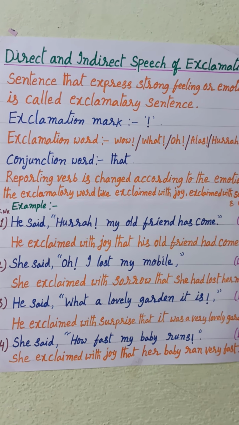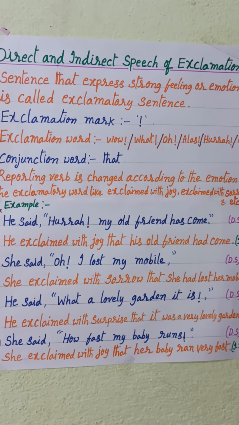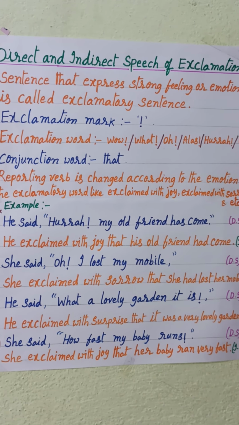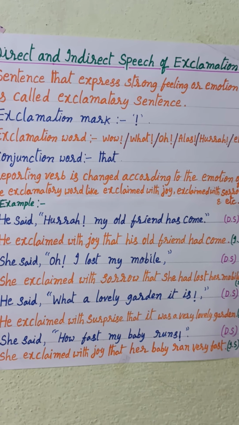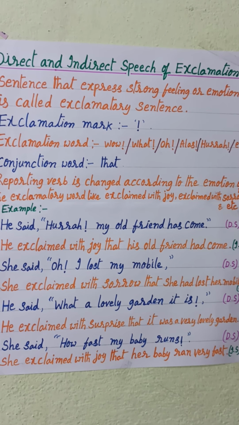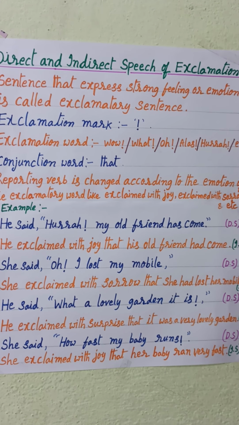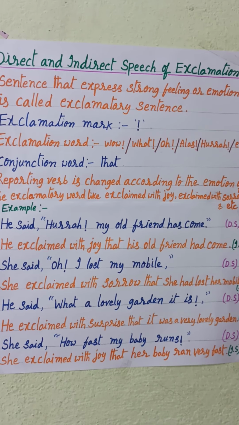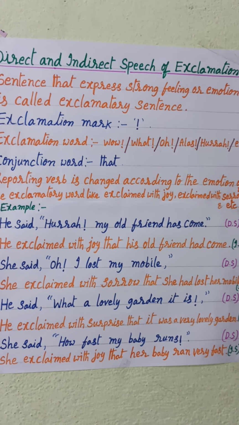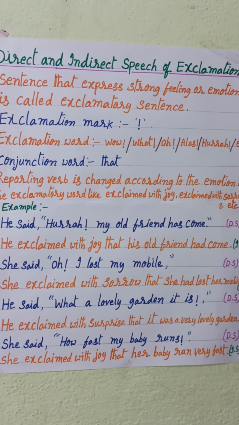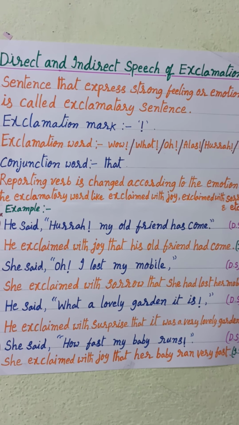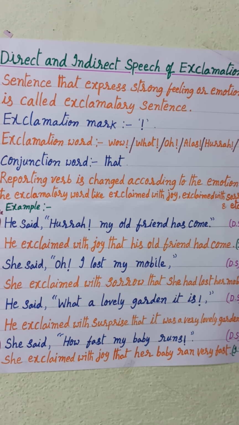She had lost her mobile is past perfect tense, because in the direct speech I lost my mobile is simple past.